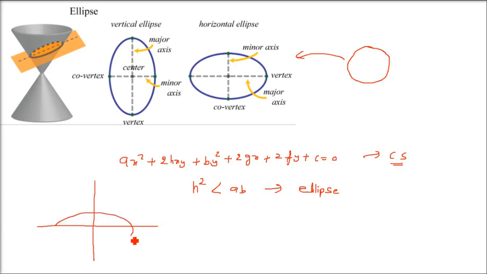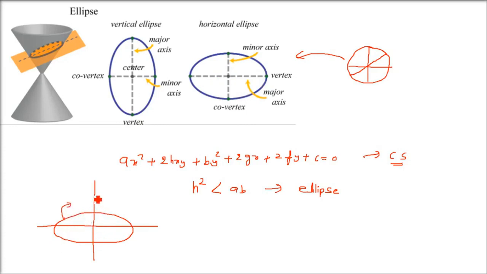If you make it like this, this line is bigger, which is the major axis. In a circle both the diameters are always the same, but here the diameters are not the same. They are called the major axis and minor axis.